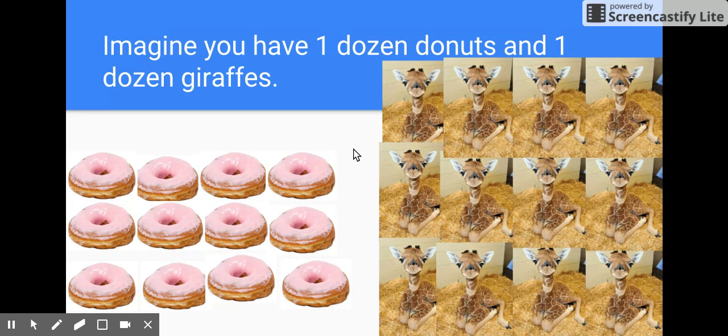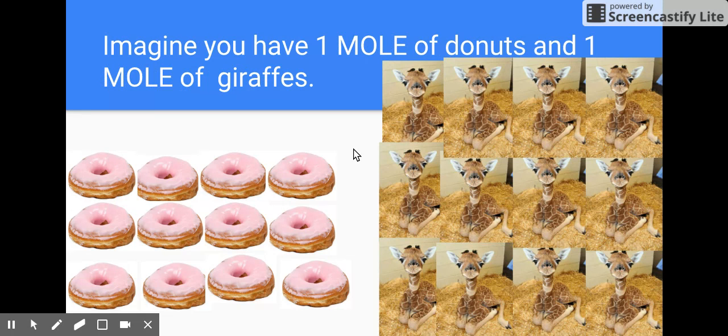If I take a look at my donuts and my giraffes again, and I know I've asked you this question before, if I have 1 dozen donuts and 1 dozen giraffes, how are these two things similar? Hopefully you said it's the same amount. I have 12 donuts, I have 12 giraffes.